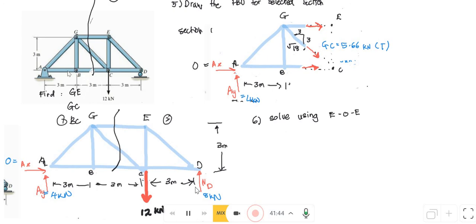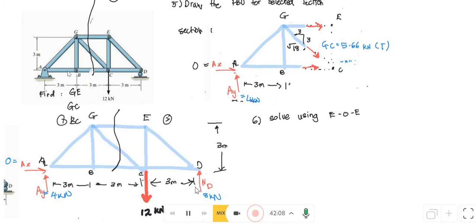GC also is not included in the calculation. So it's only left BC, one unknown, and also AY, the known force that we have calculated earlier. So the best, I think, is to choose point G to get the value BC.